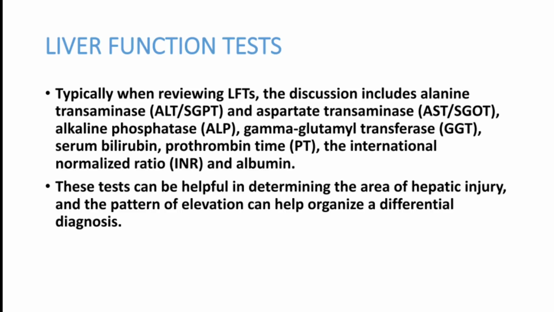These tests can be helpful in determining what type of liver injury is present, or what pattern of liver injury is present in the patient, when we are evaluating a case of liver disease.